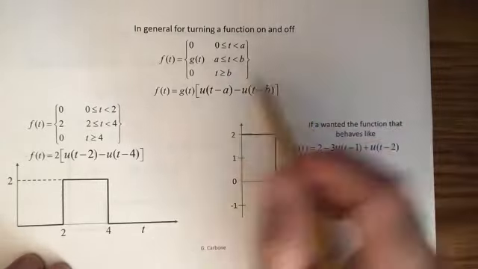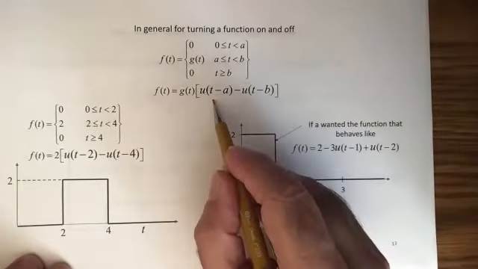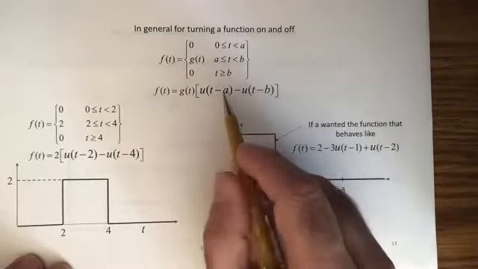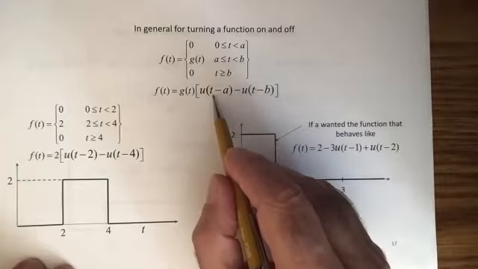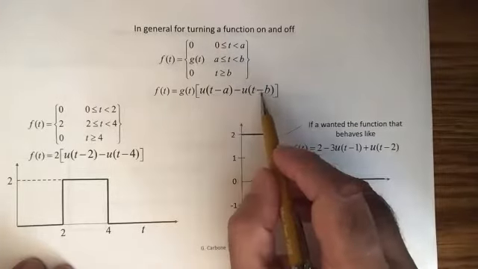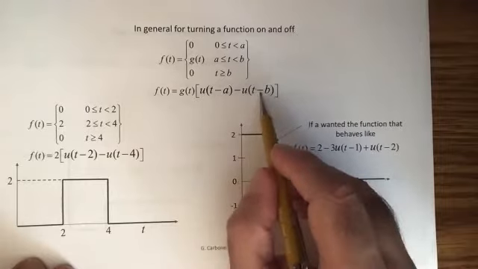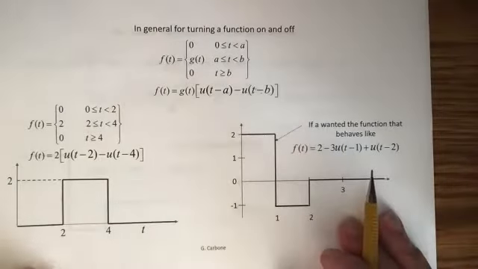So I could just use this relationship here, because both of these are 0 until t becomes a. When t becomes a, then this becomes 1, so I'm getting g of t times 1. And then when t becomes b, this is becoming 1, and I'm getting 1 minus 1, which is 0, so it's shutting it off. Okay, so here's an example.